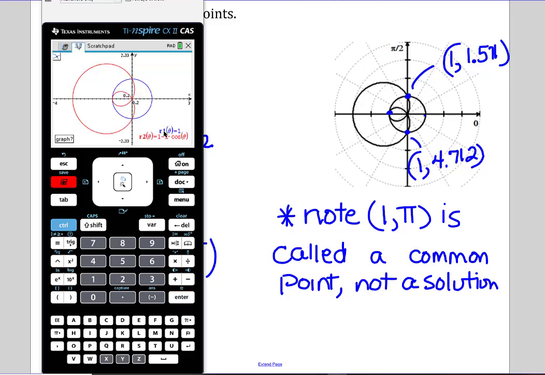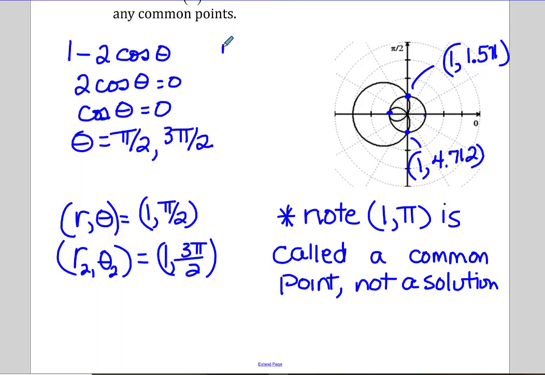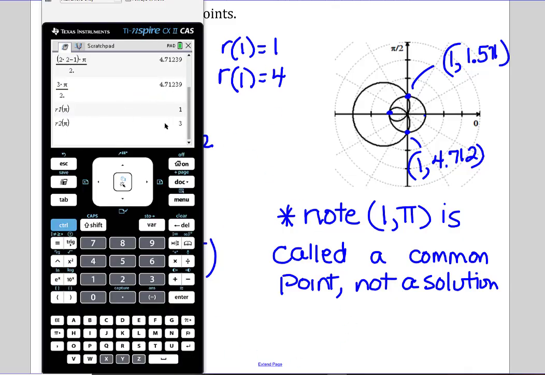When R equals 1, y is 1. But when R equals 1 minus 2 cosine theta, that was 4. Is that correct? Let's take a look. Yes. No, it was 3. I'm sorry. It was 3.